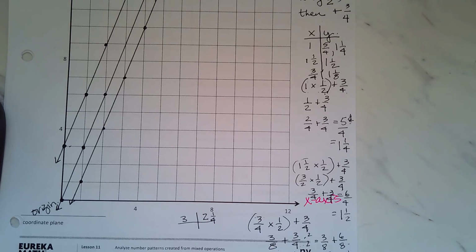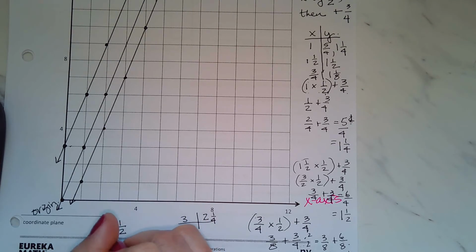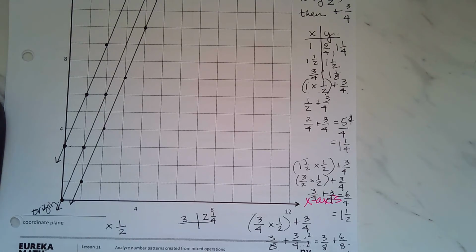So how would you end up with 3? If you're multiplying by a half to start off with, what would you have to have in order to end up with 3? Well, 3 times 1/2 is 3 halves.